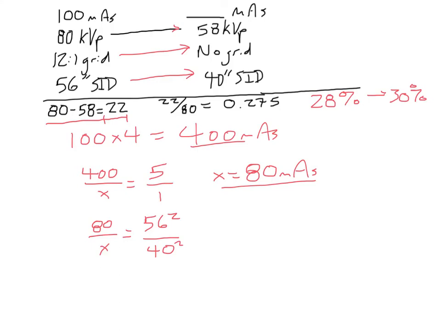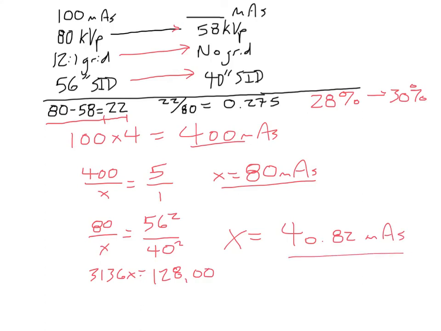And if we work that all out, it's going to come to 3136x equals 12800. And the final answer is going to be x equals 40.82 mass, right? So that would be our final answer, that we're going to have a decrease of mass.